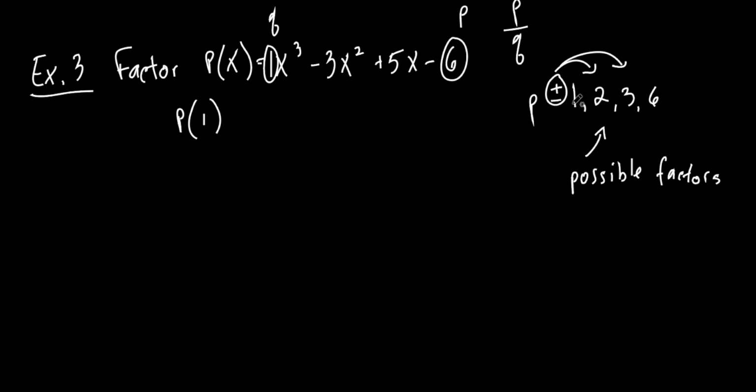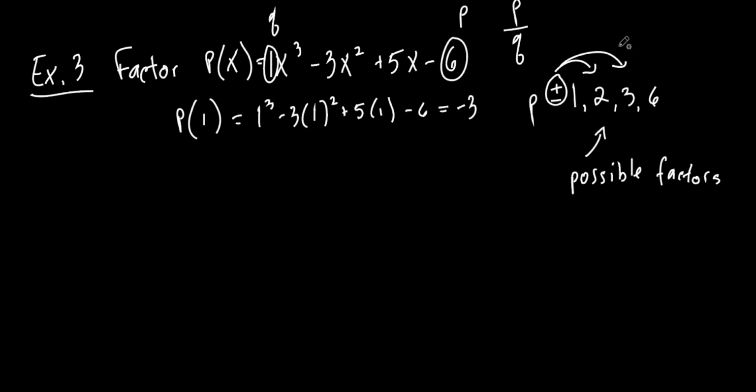So I just start at the beginning. I pick 1. So what's this going to be? It's going to be 1 cubed minus 3 times 1 squared plus 5 times 1 minus 6. I'll just tell you right now, it comes out to be negative 3. I'll just save you the work. You can do that on your own.